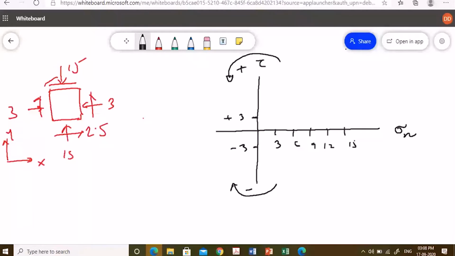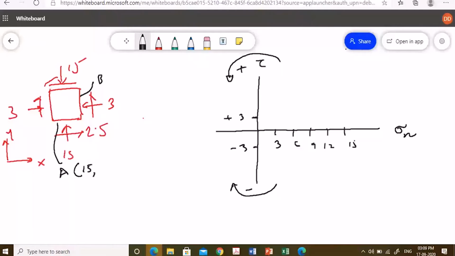Then we have 2 planes, one let's say A plane and another let's say B plane. Now in the A plane, you have to tell me what is the value. So the normal stress is 15 MPa, and whether it is positive or negative, I should take. Who can tell me?